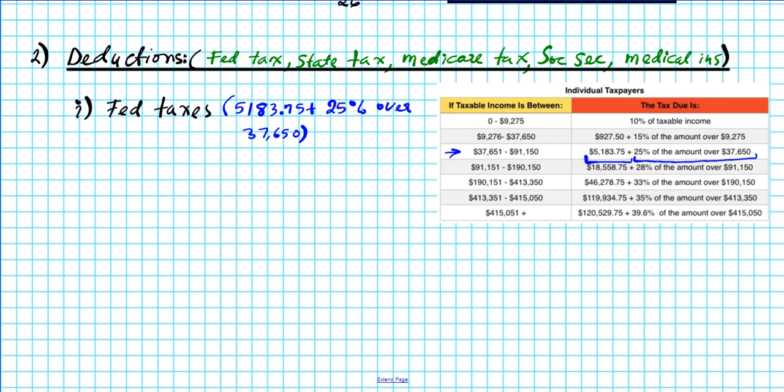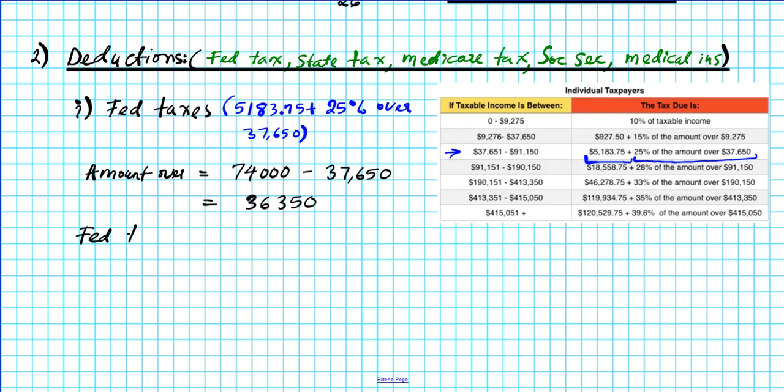37,650. So amount over is going to be her annual salary of 74,000 minus 37,650. If you carry out the difference, you end up with 36,350. Now we can compute her federal taxes.